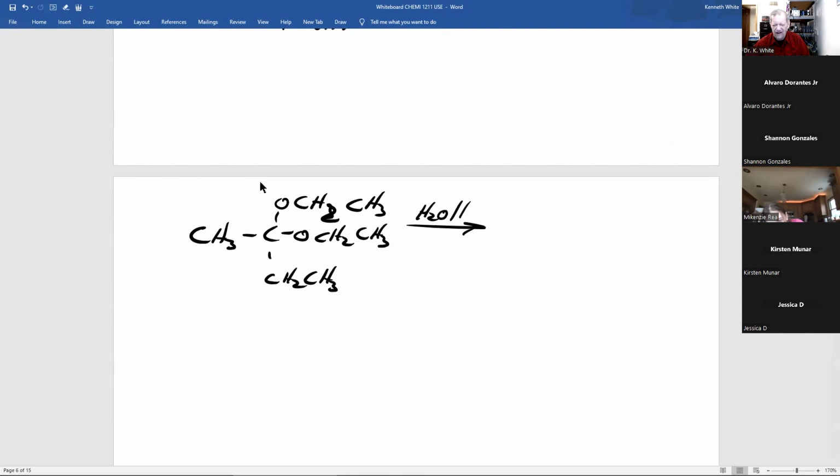And this reaction I'll never give as a synthesis. What 2 products will you get when you react that molecule with acid and water?